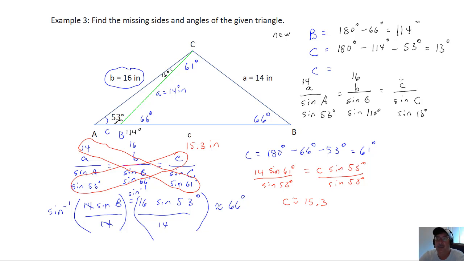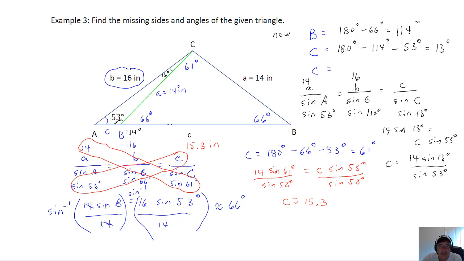All right, so to get the side C now using the second set of solutions, I'm just going to take these outer two fractions here and say 14 times the sine of 13 degrees equals C times the sine of 53 degrees. So C would equal 14 times the sine of 13 degrees over the sine of 53 degrees.